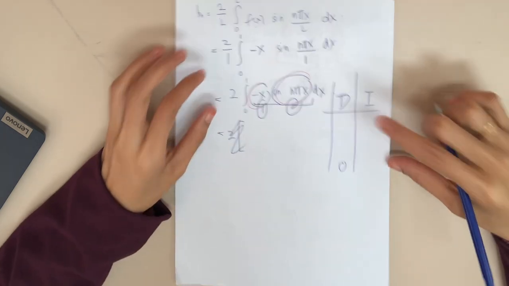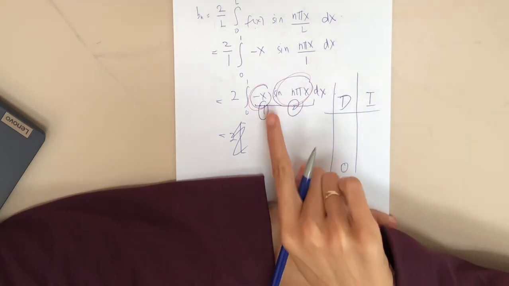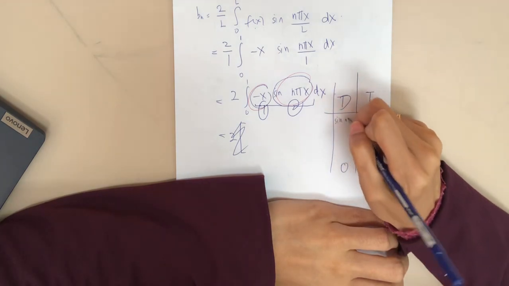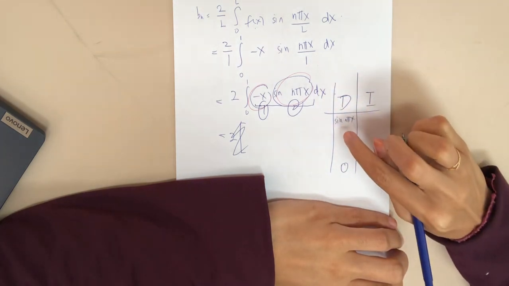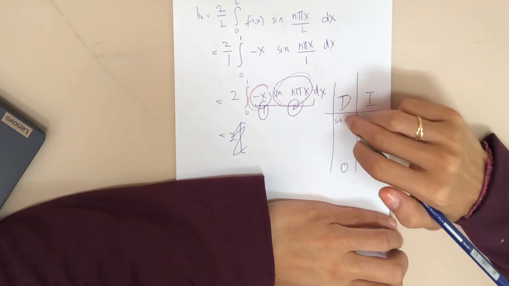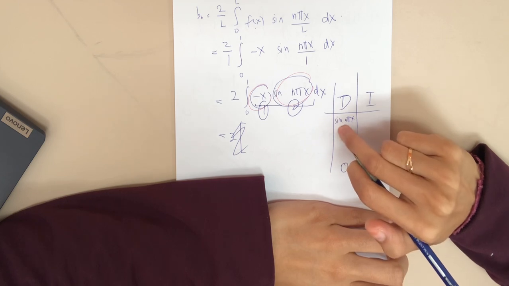Okay, for example, let's say you choose sine n pi x. When you differentiate sine, what do we get? You will get cos.